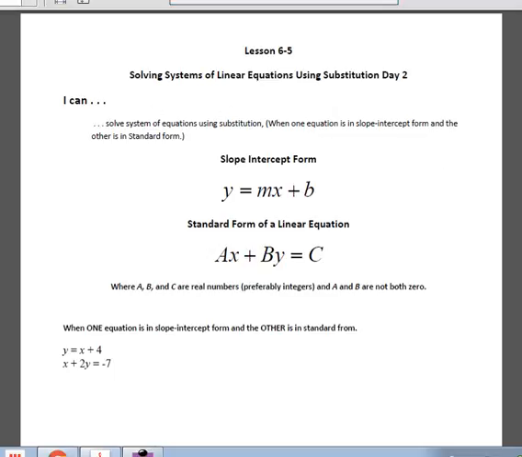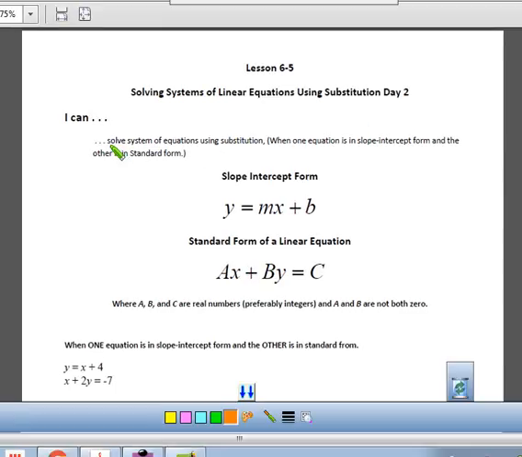Our learning target: I can solve systems of equations using substitution when one equation is in slope-intercept form and the other is in standard form. Slope-intercept form we've come to know really well, y equals mx plus b.